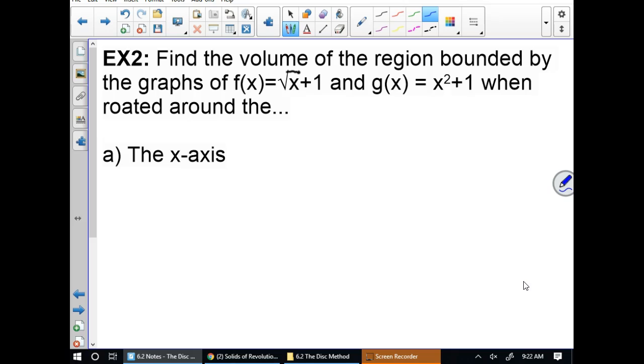The plus 1 is not underneath the square root there. And then we've got x squared plus 1. And here we're going to look at rotating around the x-axis and around the y-axis. Correct?